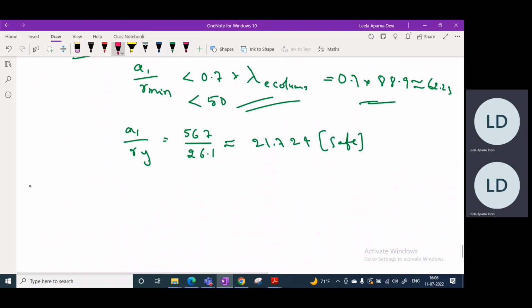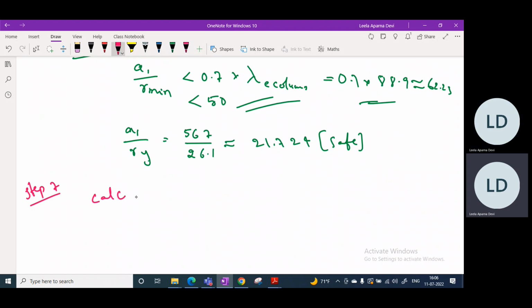Now next step, step 7, calculate the effective length of lacing bar.